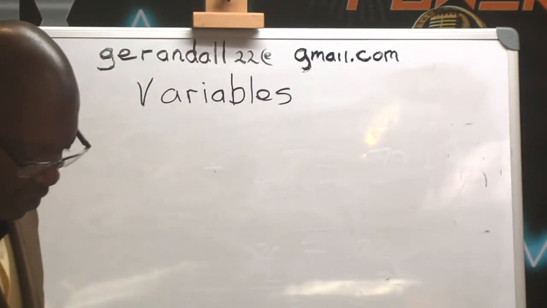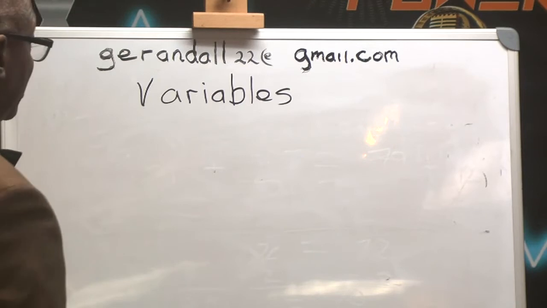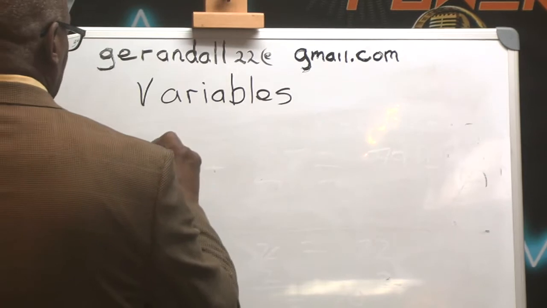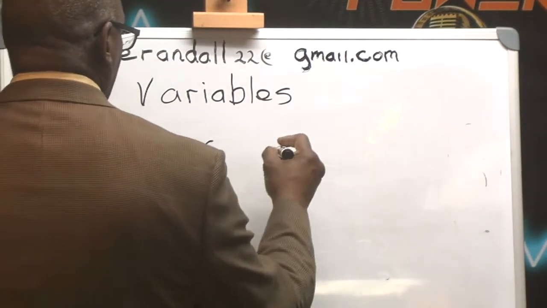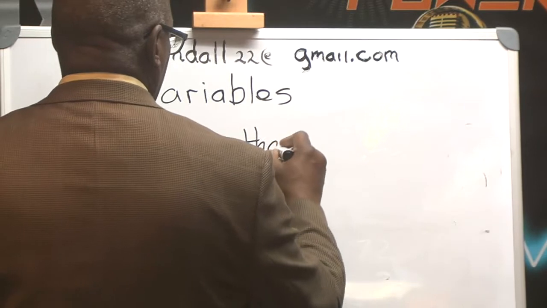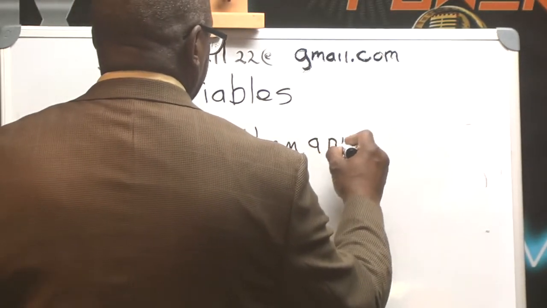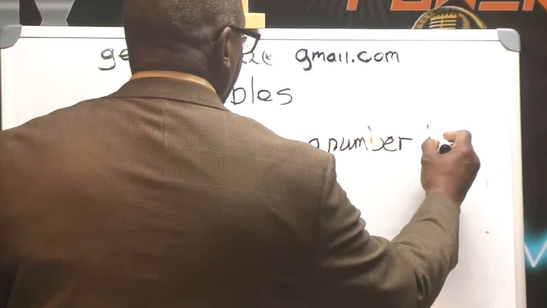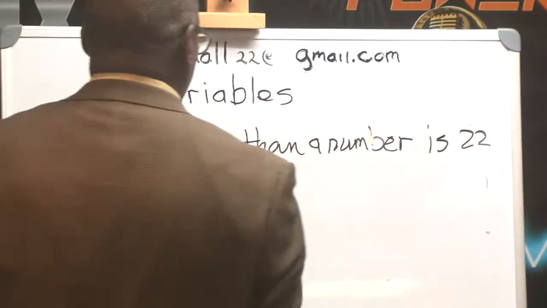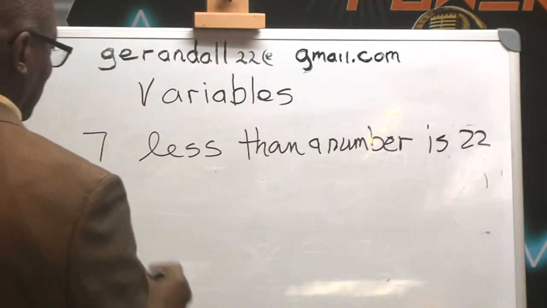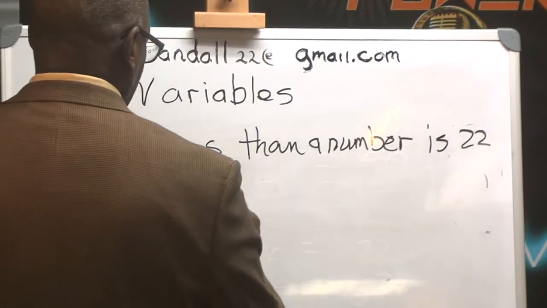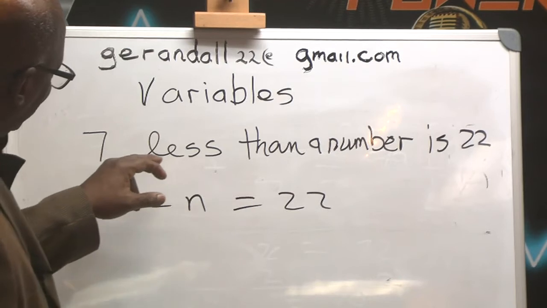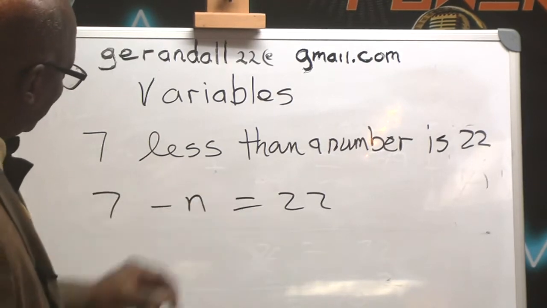And another problem says 7 less than n is 22. So 7 less than a number is 22. So what comes first? Is it 7 n equals 22? Does that say 7 less than a number?